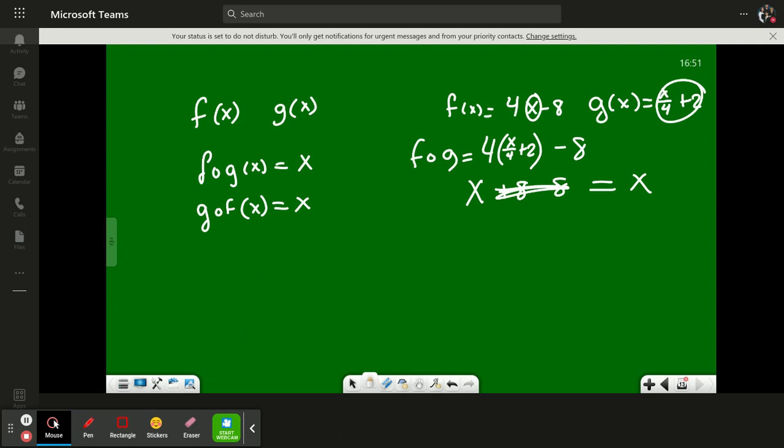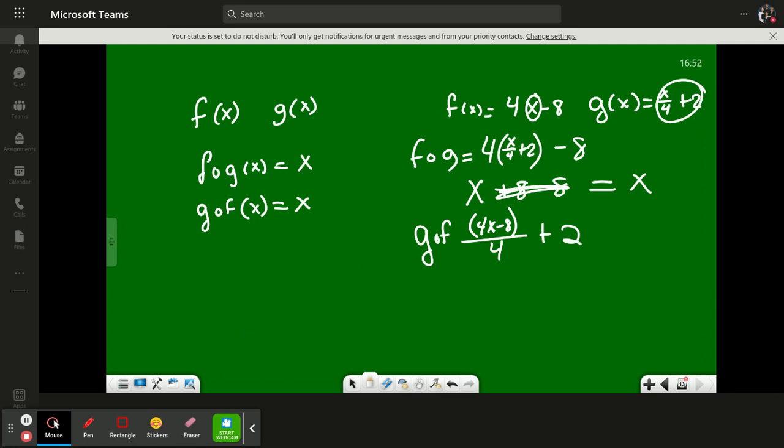Now I got to test g of f of x. So I'm going to say the quantity divided by 4 plus 2. And what am I going to put in this parentheses? 4x minus 8. Now, let's simplify that one, because all 3 terms have a factor of 4, right?